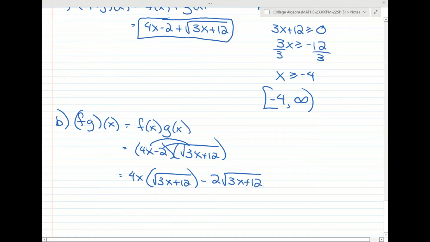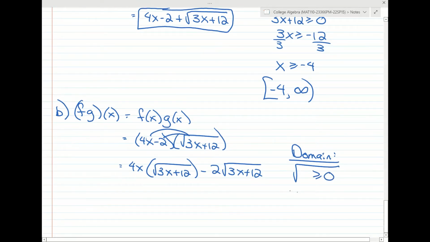Maybe the same issue as before. We have a radical, so our domain, same steps that we did before. If we have a radical, we want the inside to be greater than or equal to 0. So that would be negative 4 to infinity. Same domain as last time.